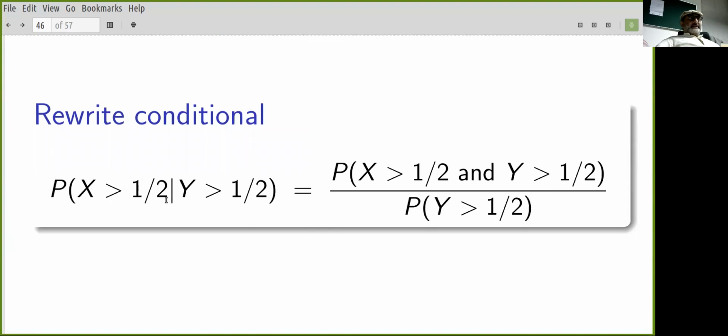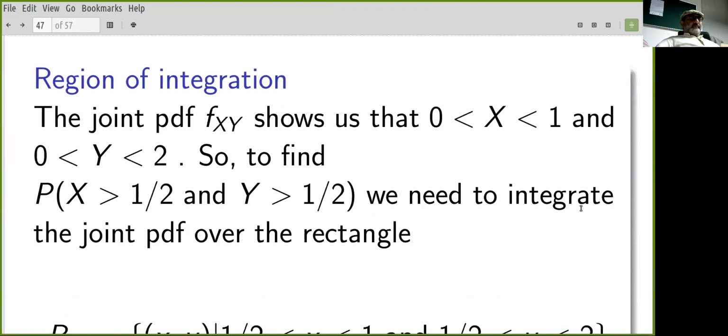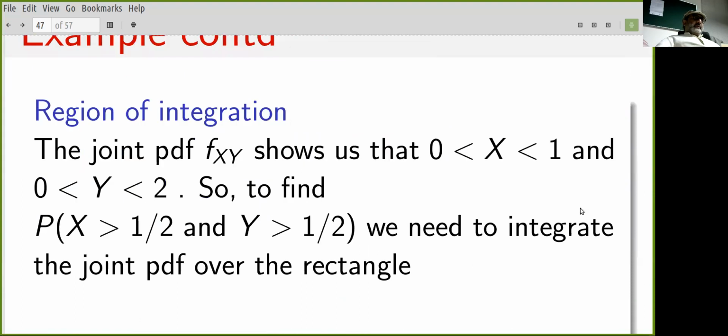The probability that x is greater than 1/2, given that y is greater than 1/2, is the probability that x is greater than 1/2 and y is greater than 1/2, divided by the probability that y is greater than 1/2. Now, from the definition of the joint PDF for x and y, we know that x varies between 0 and 1, and y varies between 0 and 2.